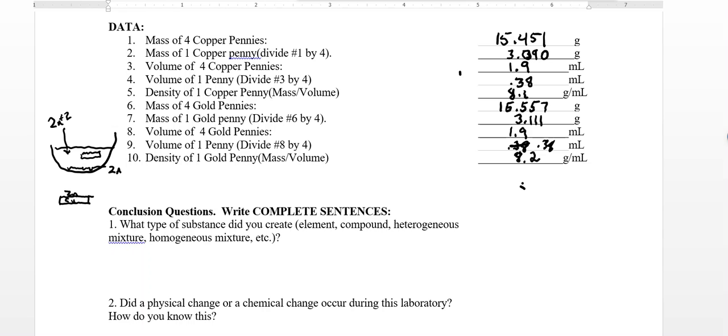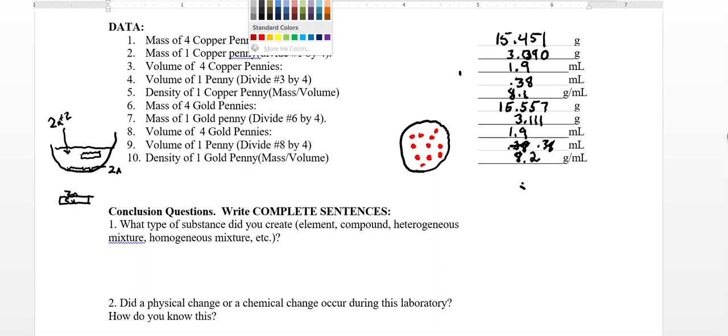So if you could see this under the microscope, you would probably see something like this, where you have splotches of copper, here's our penny, so splotches of copper along with splotches of silver, zinc.